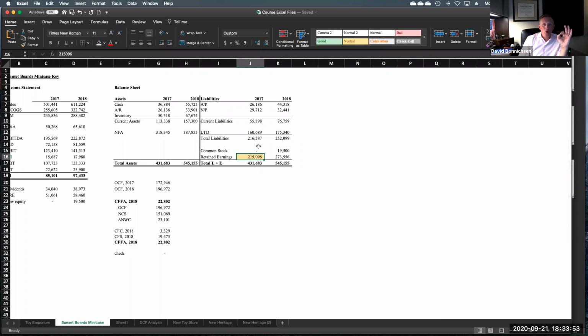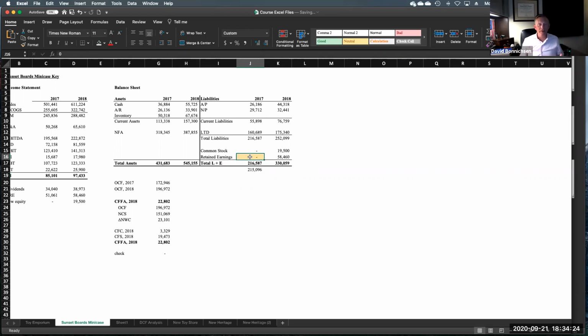Without anything being given to you, the total liabilities and equity was 216,587, which created an imbalance of 215,096. So we simply needed to make a choice, and we plugged that number into retained earnings.